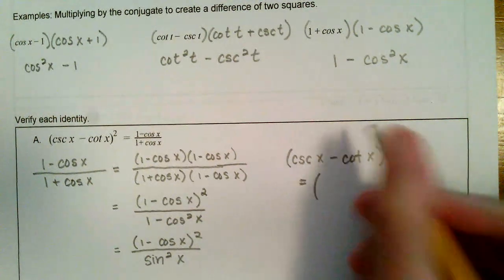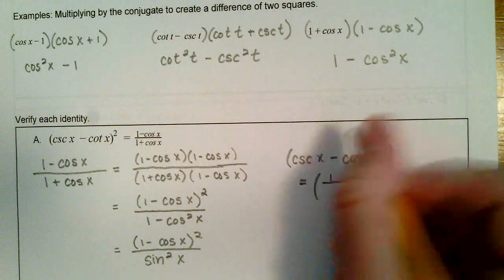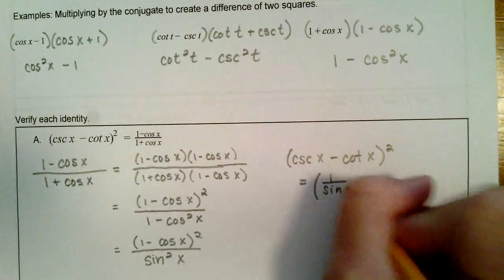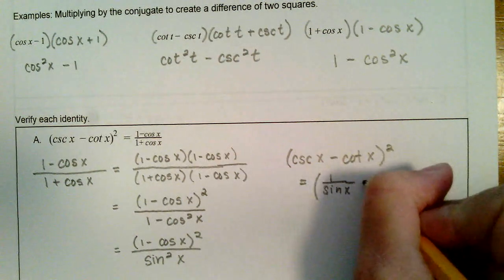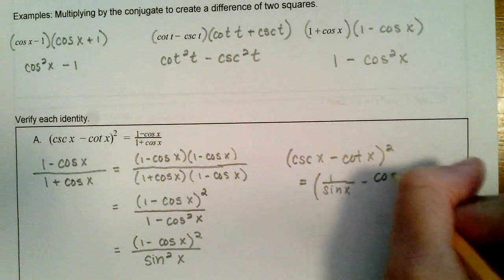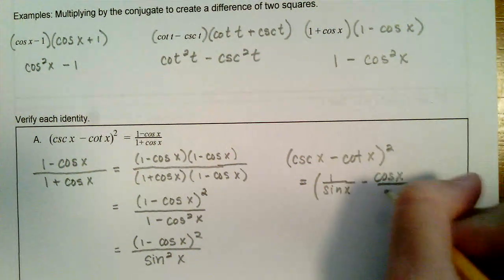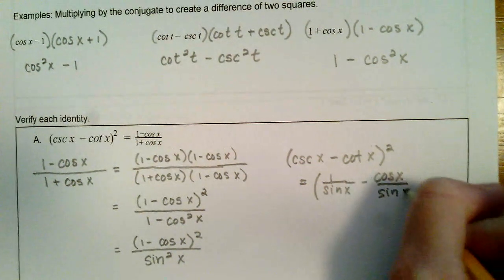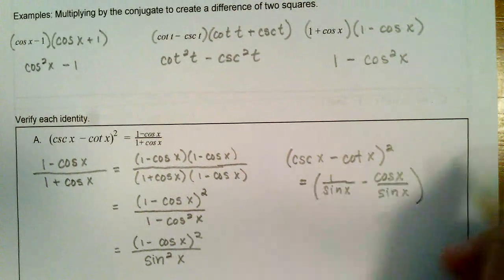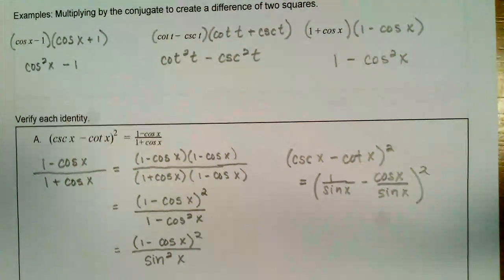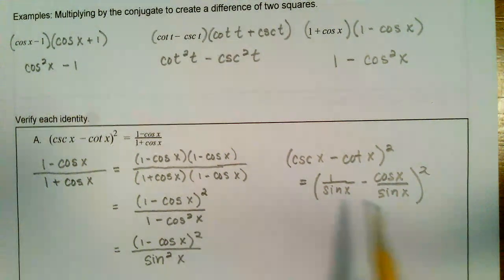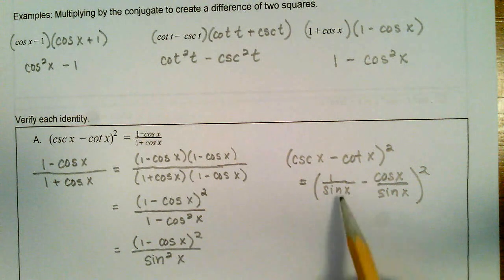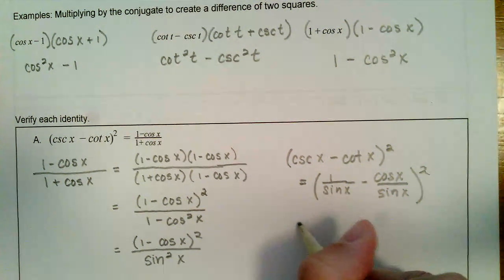So cosecant of x is 1 over the sine of x. And cotangent of x is the cosine over the sine of x. And I can see that I have this whole thing squared still. So now I notice that I have a common denominator.